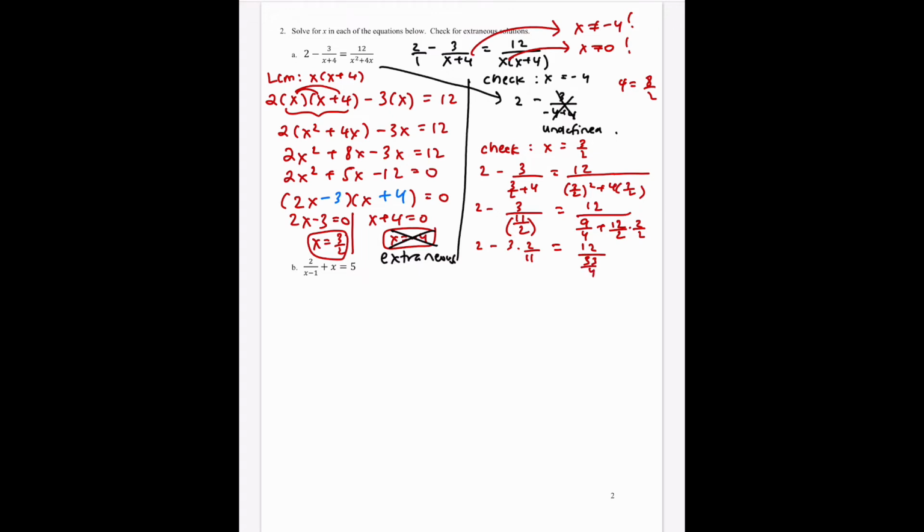So on this side, 2 is like saying 22/11, so 22/11 minus 6/11 is 16/11. And this is 12 times 4/33. These two are both divisible by 3, so that's 16/11. So this is good. 16/11 is equal to 16/11.